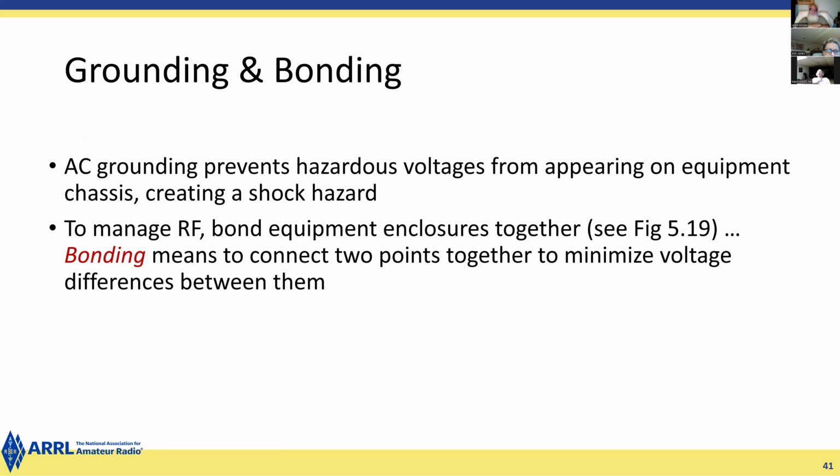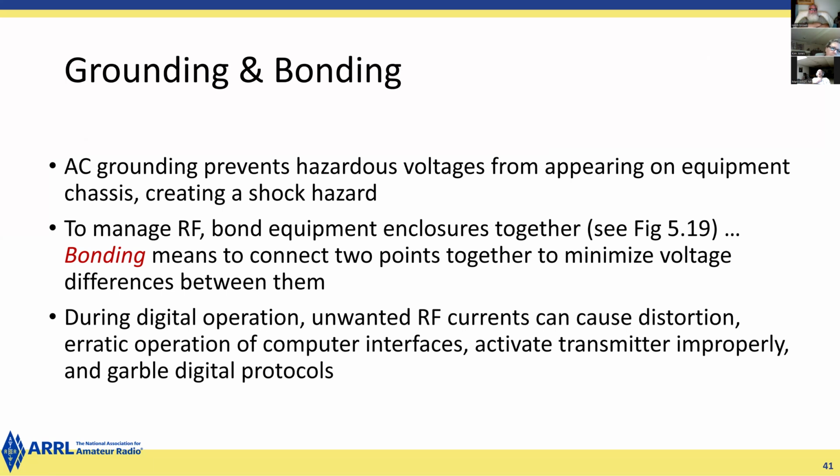Bonding means to connect two pieces of equipment together to minimize the voltage difference between them. What that means is, if you have radio frequency energy circulating around where it shouldn't be, in other words, in places other than the antenna and antenna cable, then that can cause problems.